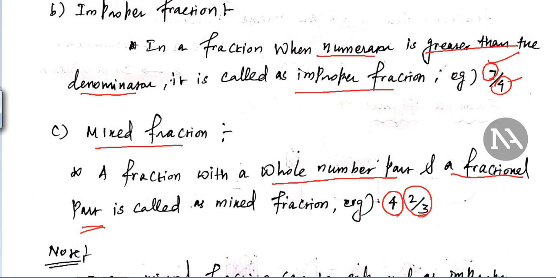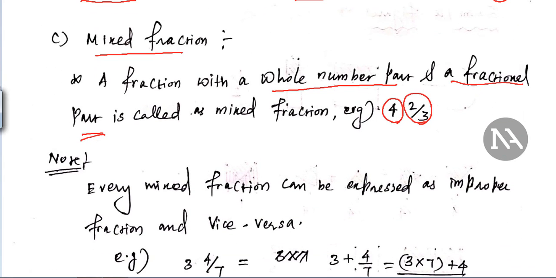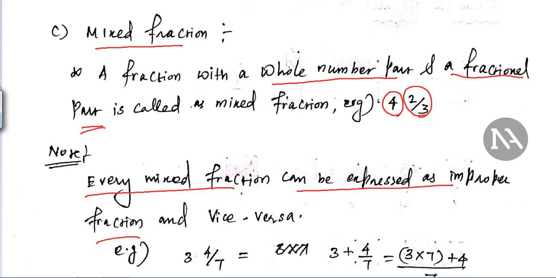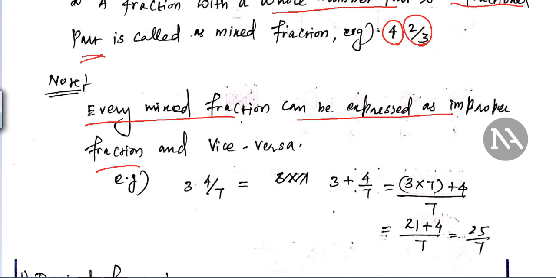Any mixed fraction can be represented as an improper fraction, or any improper fraction can also be represented as a mixed fraction. See here, you have a mixed fraction 3 4/7.